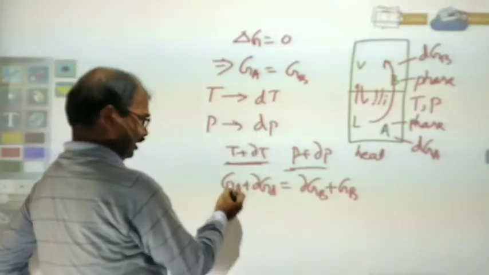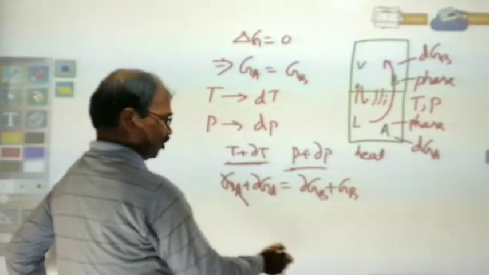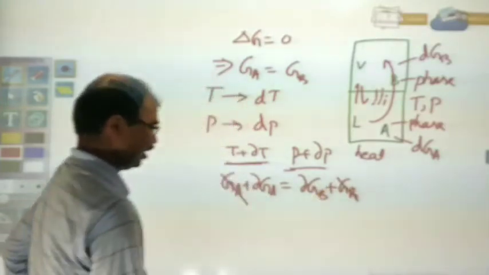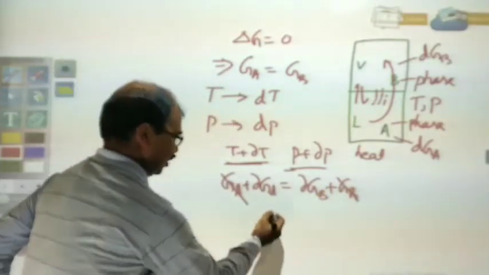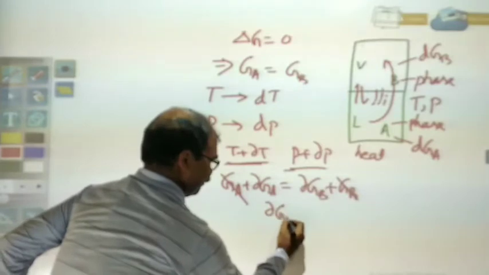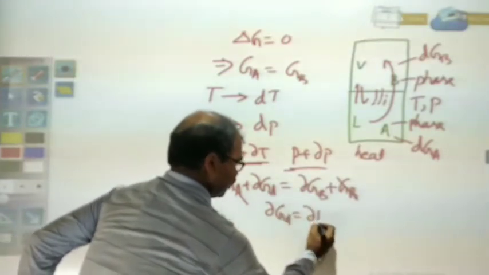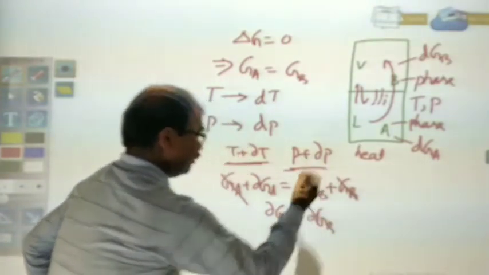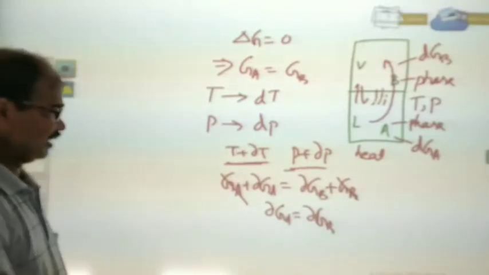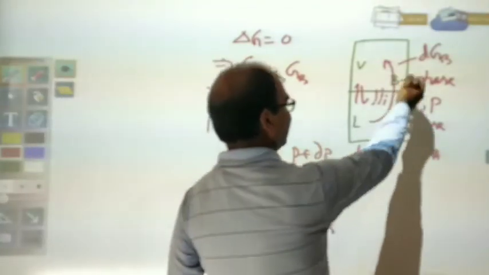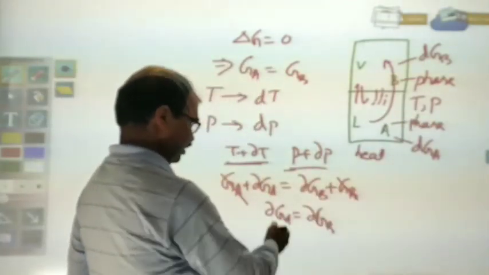Previously we have seen that GA is equal to GB, so GA and GB cancel out and dGA is equal to dGB. So the change in free energy is also the same in both phases.